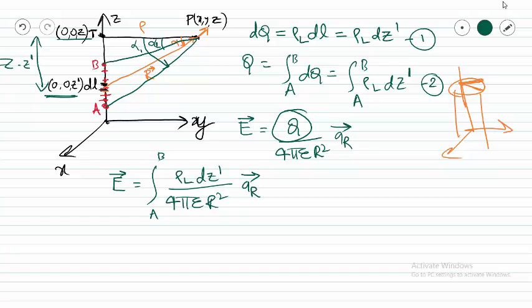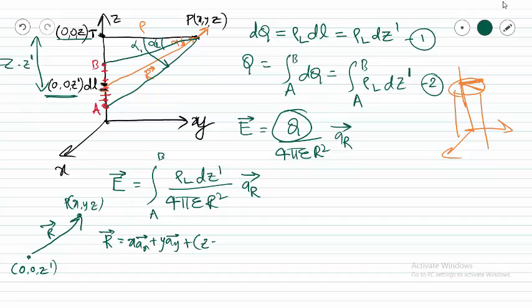If you look at this r bar clearly, r bar is a distance vector. This is one point which is 0 comma 0 comma z dash, and there is one more point P, x comma y comma z, and r bar is the distance vector drawn between these 2 points. So r bar is equal to x ax bar plus y ay bar plus z minus z dash az bar.